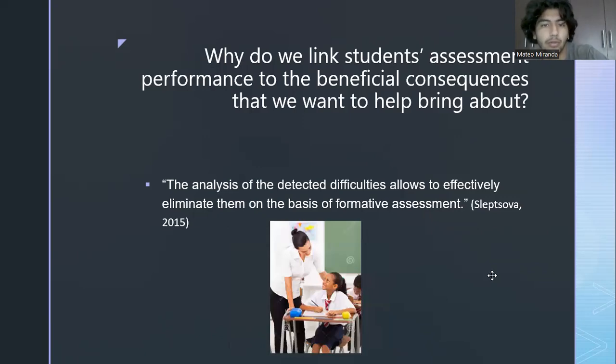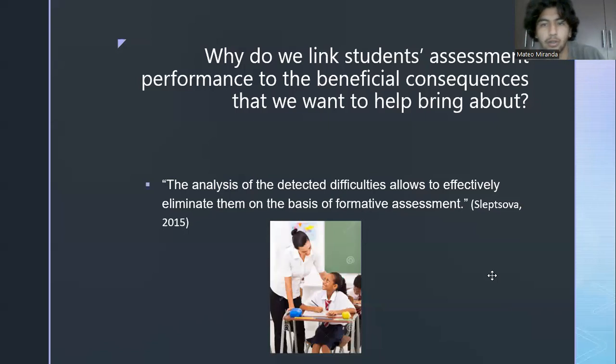So the last question is, why do we link students' engagement and performance to the beneficial consequences that we want to help bring about?